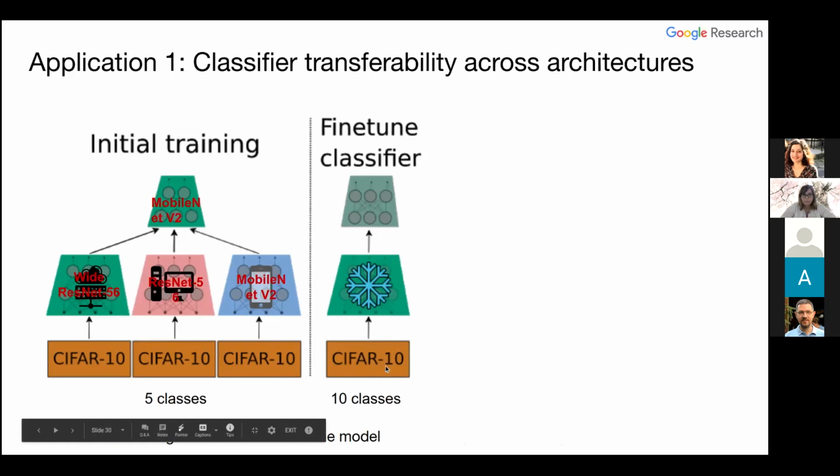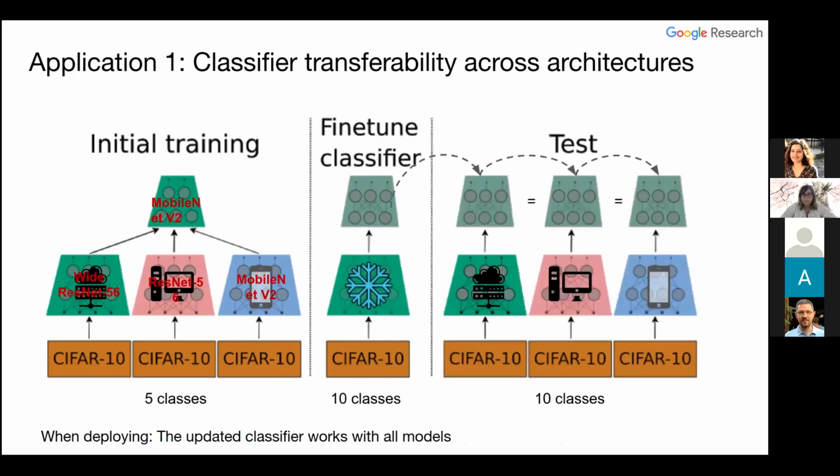For the 10 classes, we just fine-tune the classifier together with one backbone. Here we use the ResNet-56 backbone, which we freeze, and then we have a classifier that can classify all 10 classes. Because all the feature extractors are compatible, we can just transfer that classifier onto the other backbones to get a new model.